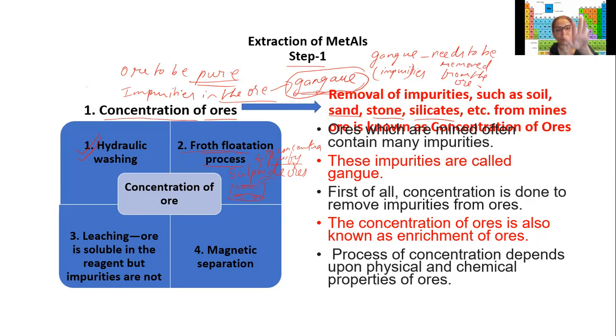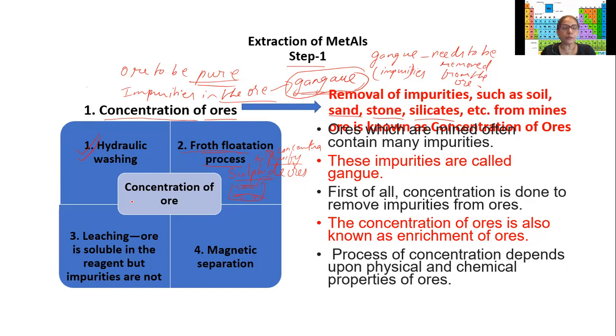Then once the froth settles down, the ore would be collected. So this is known as the froth flotation process, mainly used for the concentration of sulfide ores. I repeat, concentration is purifying the ore, removing the impurities, removing the gangue from the ore.